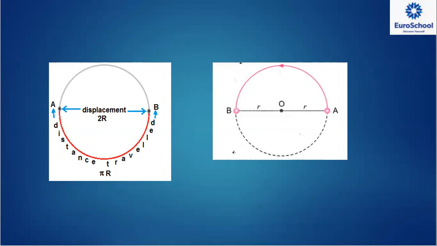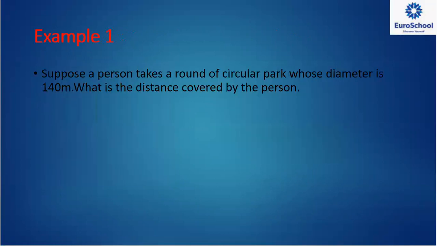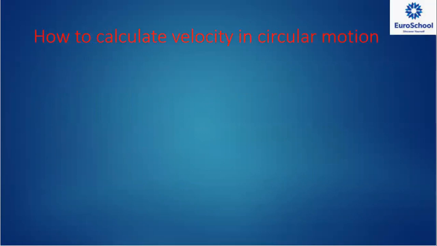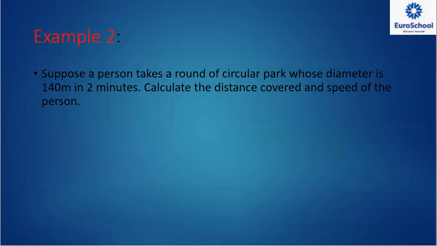We can get the distance traveled by a person on a semicircle by using the formula pi r, and the displacement in this case is always equal to 2r. We have also seen one numerical on how to calculate the distance covered by the person when the diameter of the circle is given. We have also seen how to calculate velocity in circular motion, and a numerical in which we calculated the distance, and by using the distance, we calculated the speed of the person.